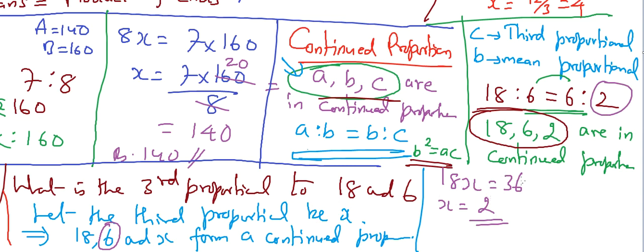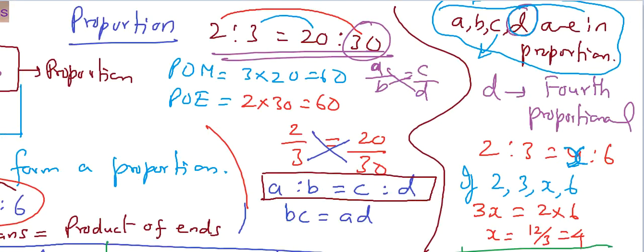Similarly, the question can be: find the mean proportional between 18 and 2. Let the mean proportional be x.